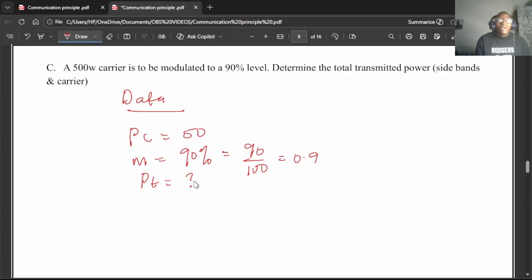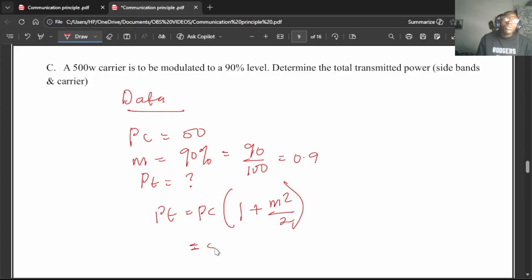So calculating for transmitted power, remember our equation: PT is equal to PC times 1 plus M squared over 2. So you simply have that your PT will now be equal to 50, or 500, sorry. So we have your 500 watts times 1 plus 0.9 squared divided by 2, and you get your answer.